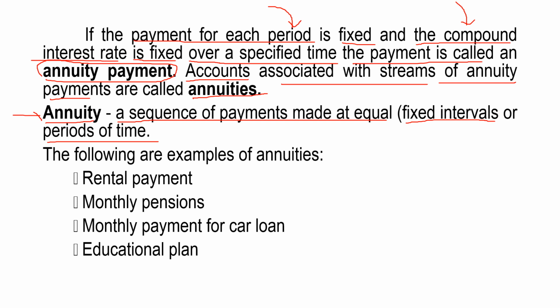These are good examples of annuities: your rental payment, your monthly pensions, monthly payment for a car loan, an educational plan, and many more. There are a lot of applications wherein we can see the concept of your annuity.